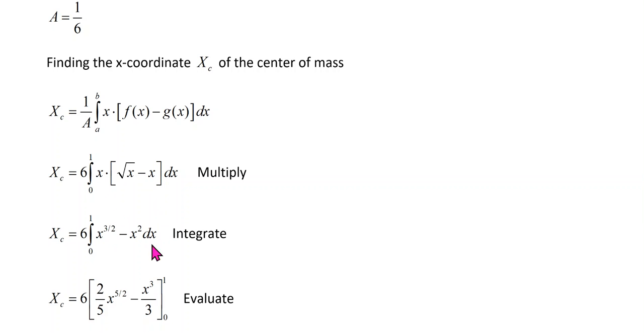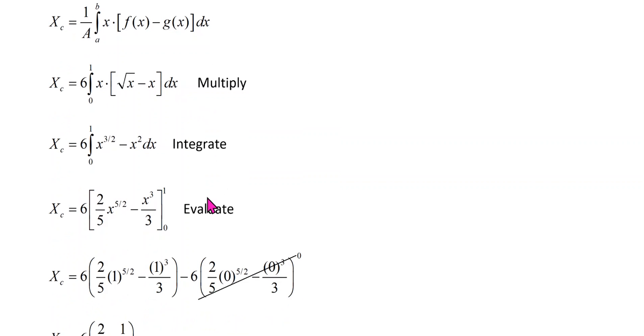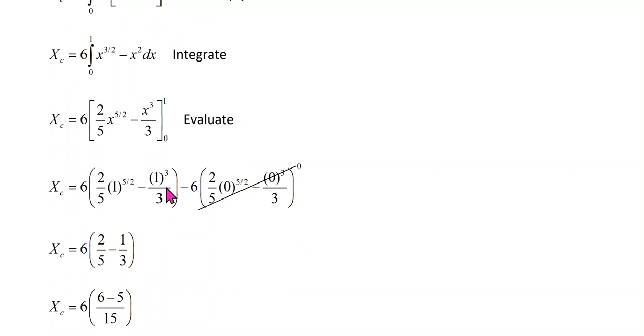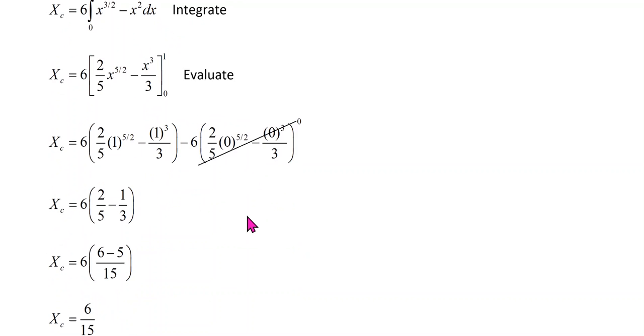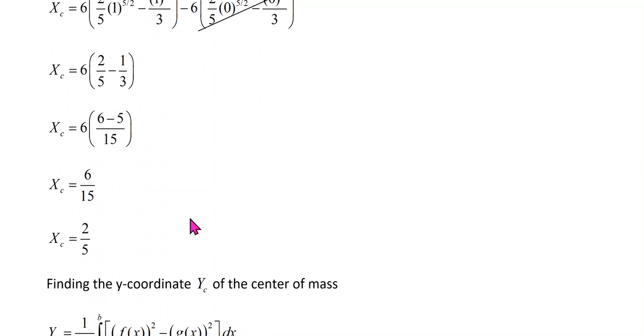Then x times x gives us x squared. And since A is 1 over 6, if you put the 1 over 6 in the denominator, then you have 1 divided by 1 over 6, which gives you 6. So again, from here we find the antiderivative of each term, and then we plug in 1 for x and then 0 for x. So that gives us 2/5 as x sub c.